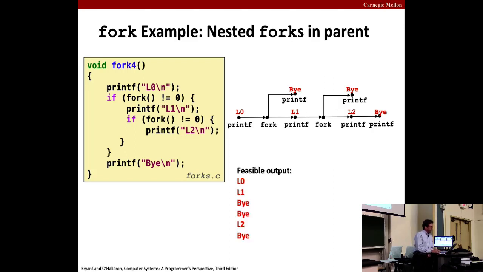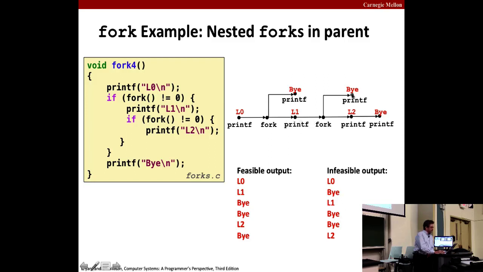So this represents an infeasible output from this program. L0 followed by fork, that's feasible. And then followed by L1, that's okay.